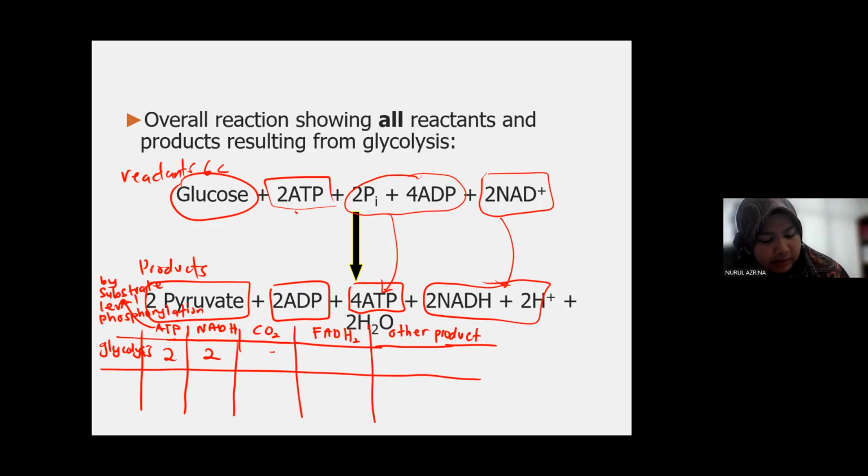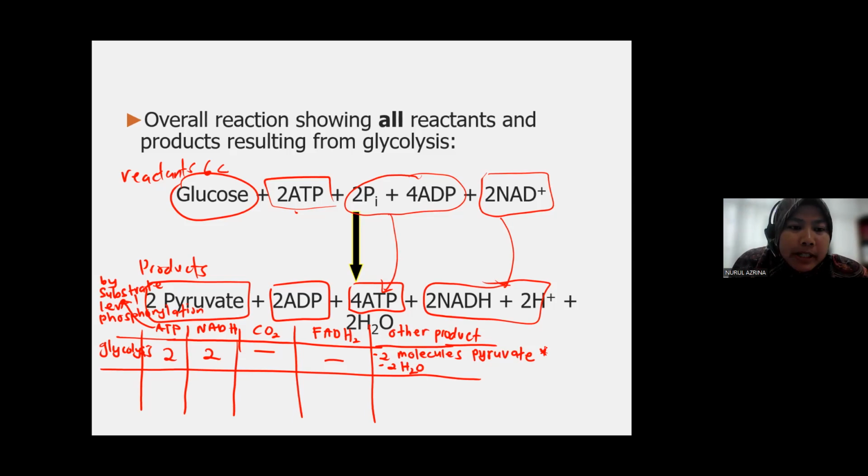Tak ada. Ada ke FADH2? Tak ada. And what is our other product of glycolysis? We have 2 molecules of pyruvate. Okay, so ini main product, right? Dan 2 molekul air, tapi air tak penting lah. Yang penting yang ni.